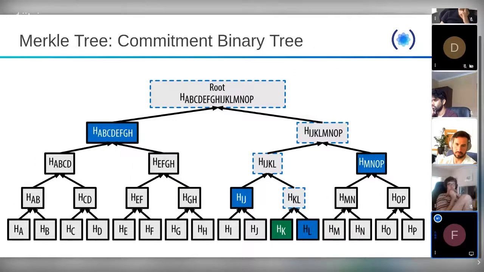So she didn't reveal any of the other data. She didn't reveal A or B or L. She just revealed hashes. That allows her to keep all the other leaves, the other data, private. She doesn't need to reveal that.